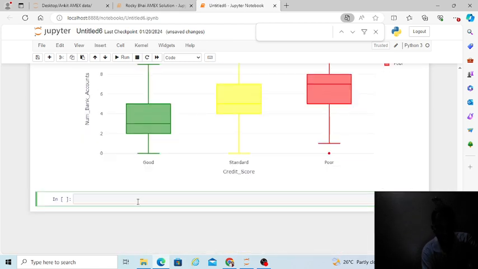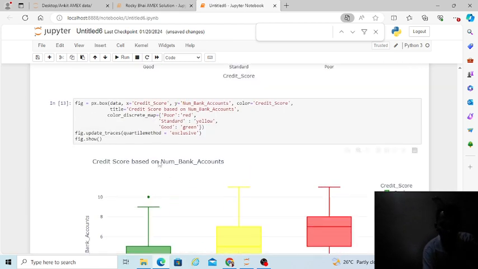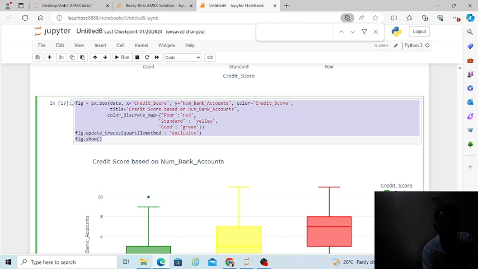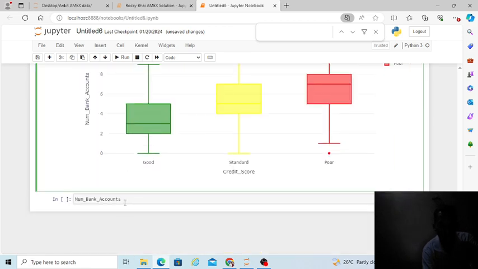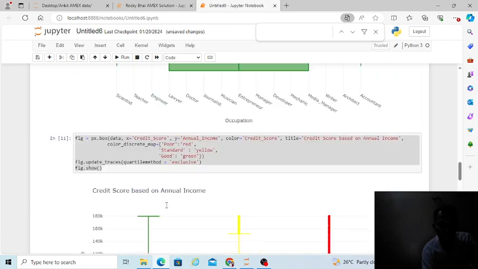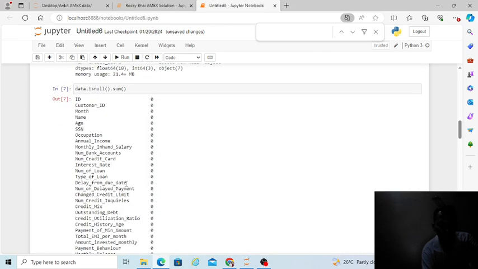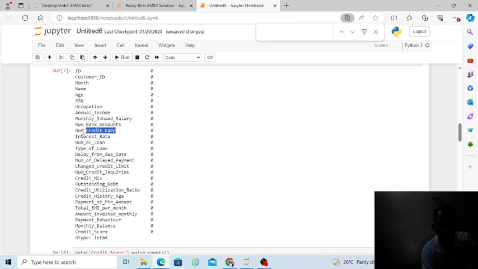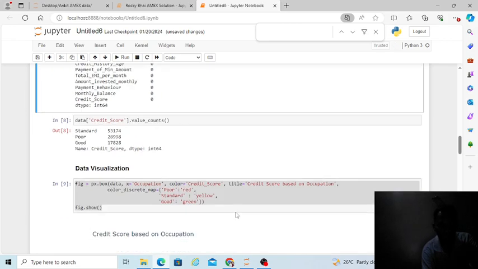For this I will rewrite this entire code, and I will use number of credit cards.